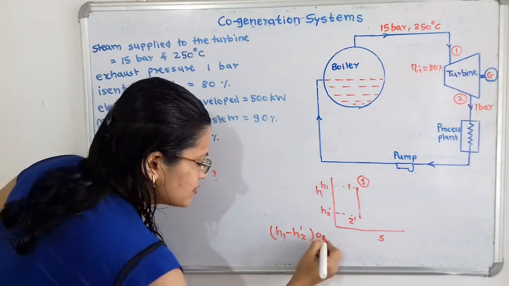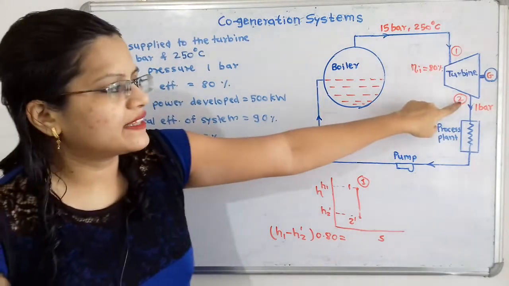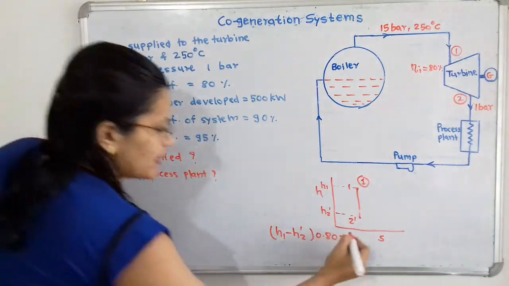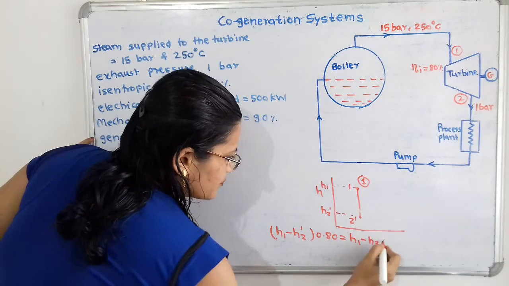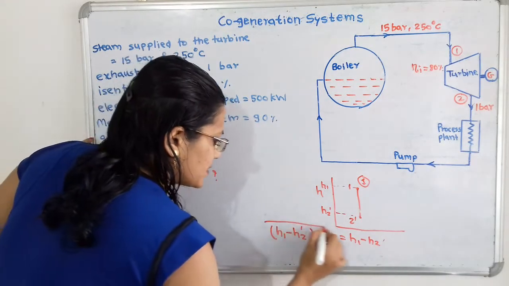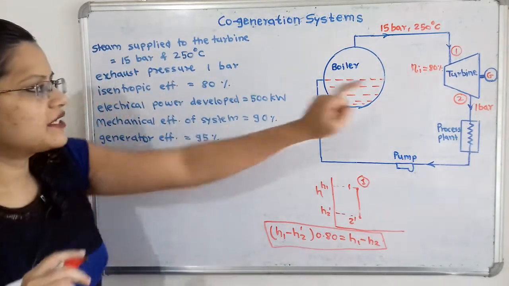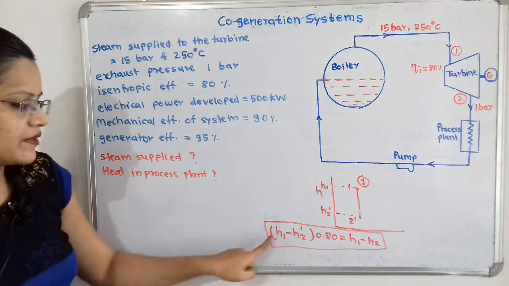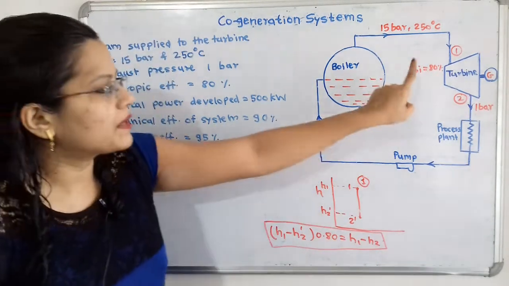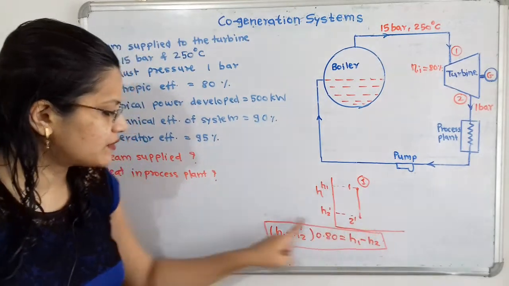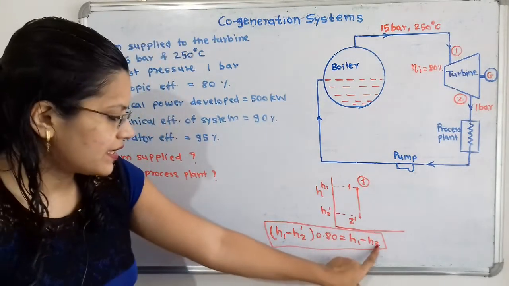So we write 0.80 is equal to the actual enthalpy difference, H1 minus H2. Remember, this is an important formula because here the isentropic efficiency is given. The turbine efficiency is not given, but the isentropic efficiency is given. So we have to use this formula to calculate H2.